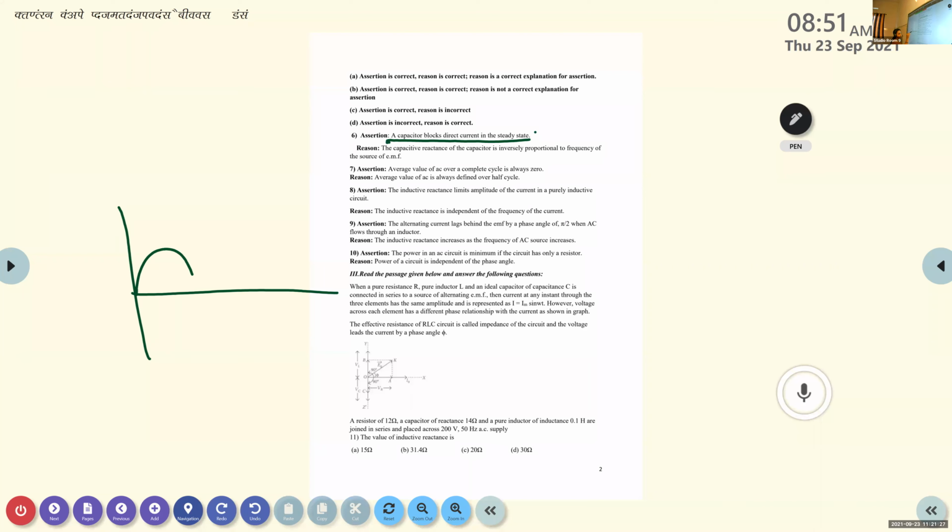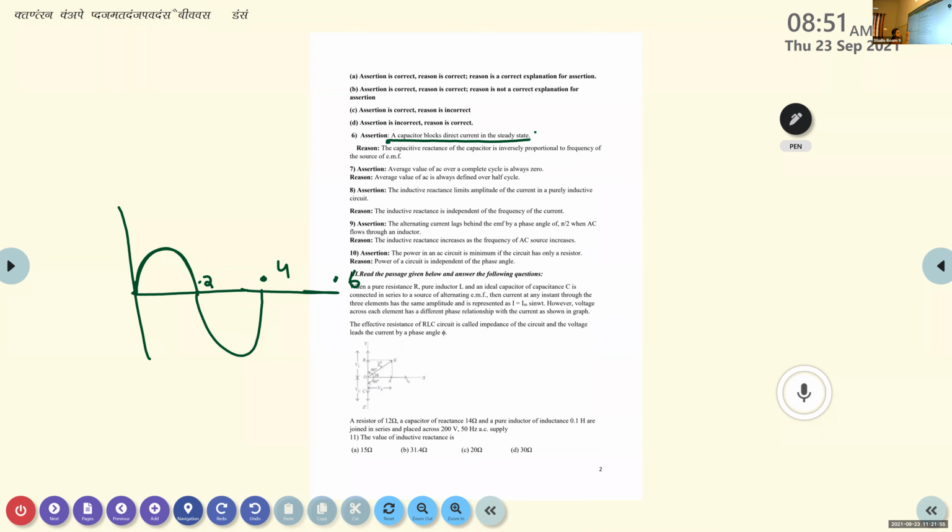For a half cycle, its value is, for example, 0.2. Then the next half cycle is again 0.2, but equal in magnitude and opposite in direction.